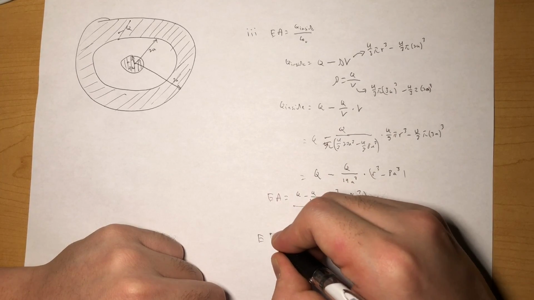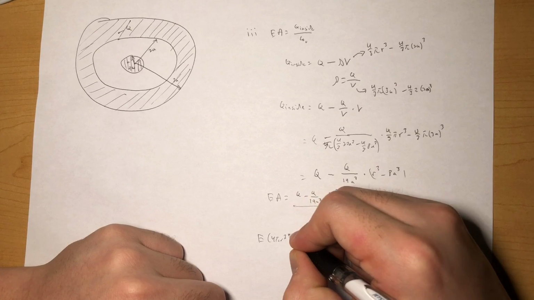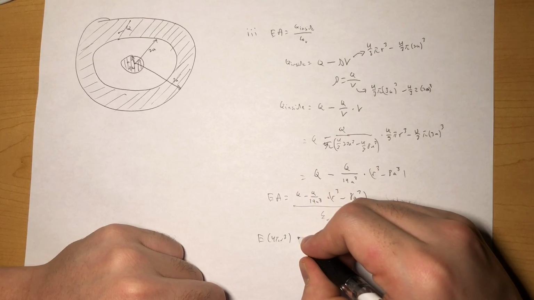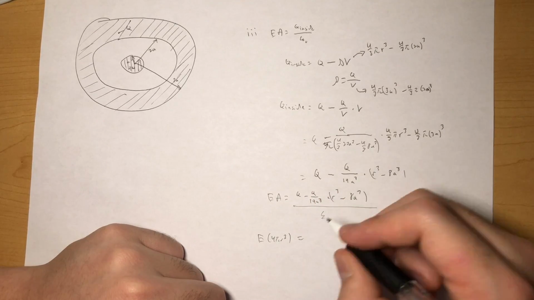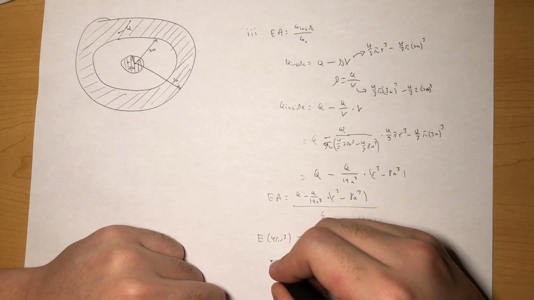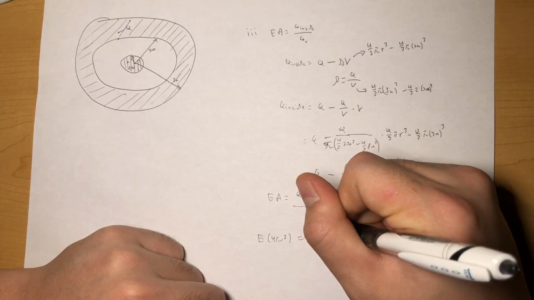E and A is still equal to 4 pi R squared for a Gaussian surface, and then you go and divide both sides by 4 pi R squared.